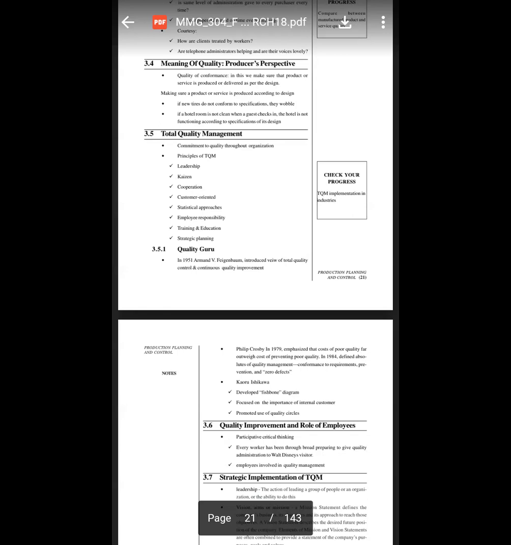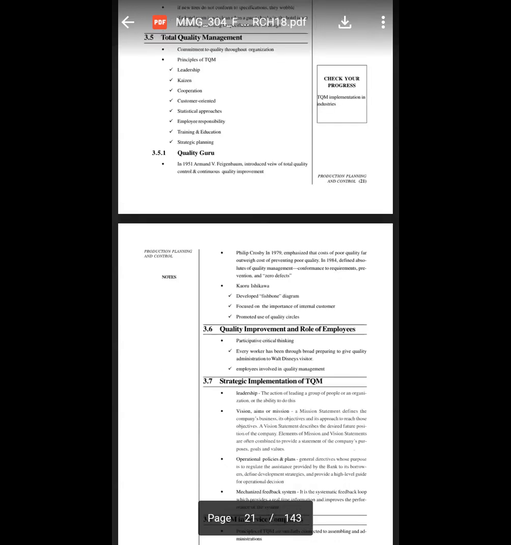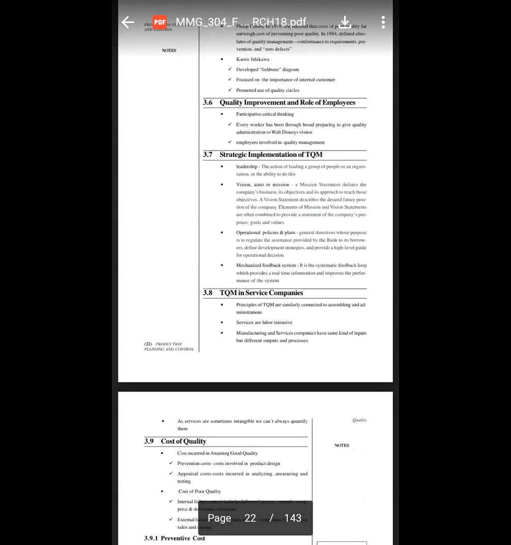So in manufacturing, they want no defects, so the customer gets the advantage of having a good product. With good quality, product performance can be increased, and the customer will try to purchase the product again and again if the quality is good.